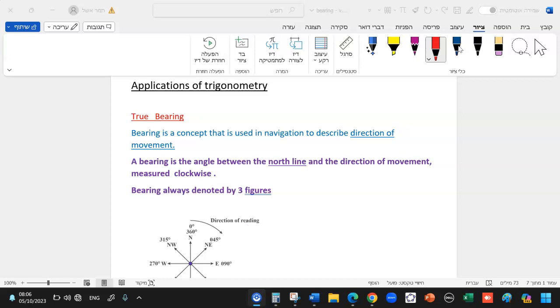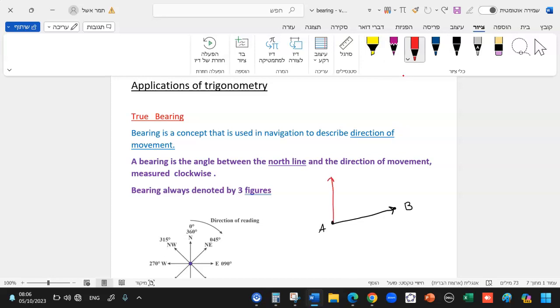Let's see some examples. Say we are at point A and we are heading to point B. This is our direction of movement. What is the bearing of this direction?